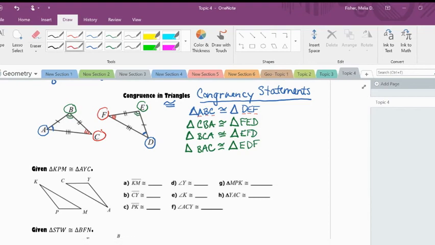I'd like you to figure out then, if you were to say triangle CAB is congruent to something, you fill in this part right here. I'll be checking for that when I check your notes. And then triangle ACB is congruent to blank.